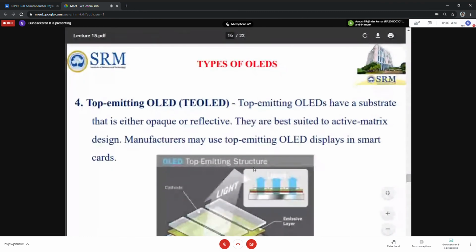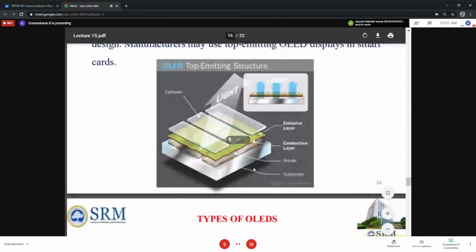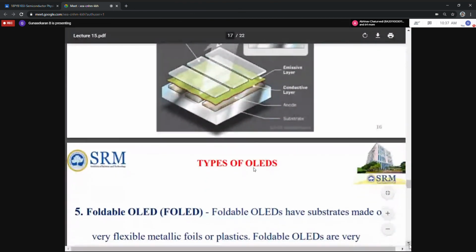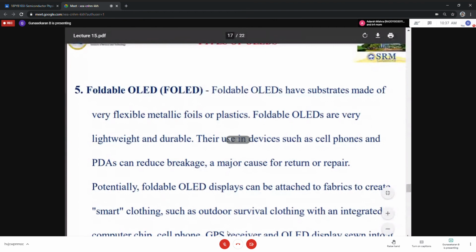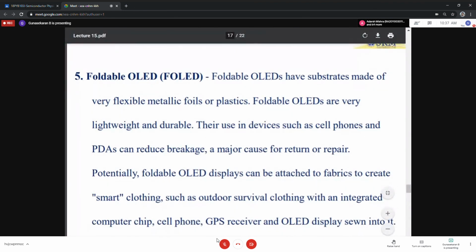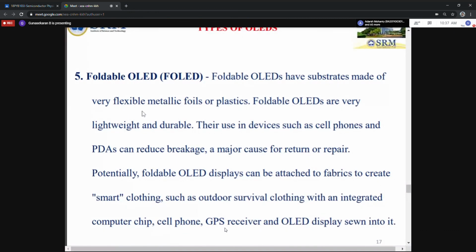And the next one is the foldable type, foldable OLEDs. It gives so many advantages. The substrate is made of very flexible material, such as flexible metallic foils or plastics, and these foldable OLEDs are very lightweight and durable.